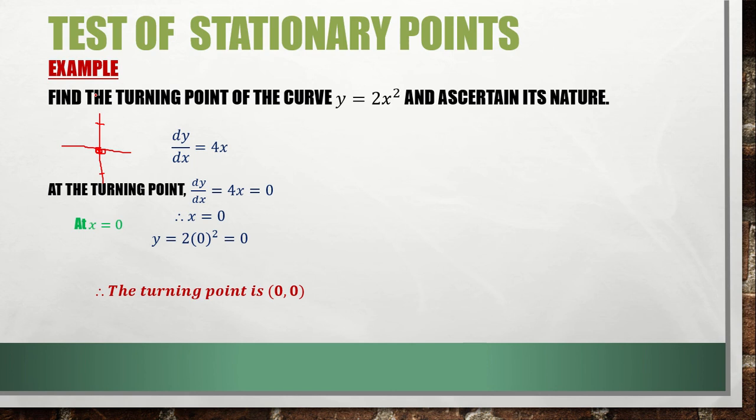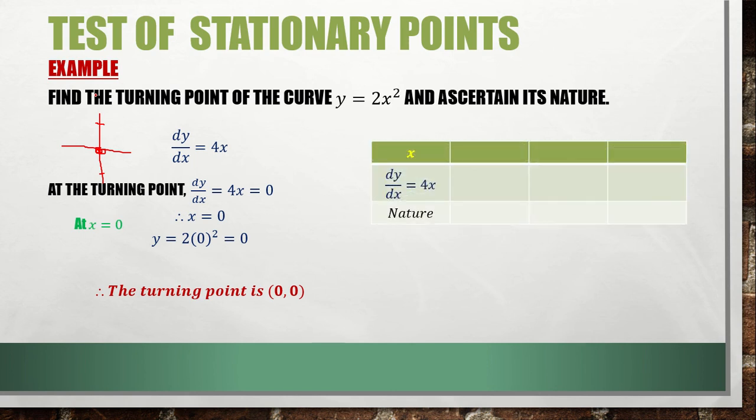Now the second part, let's ascertain its nature. When ascertaining its nature, we basically come up with a table. In the first row you'll have your x coordinates.